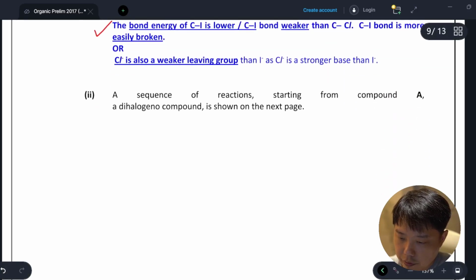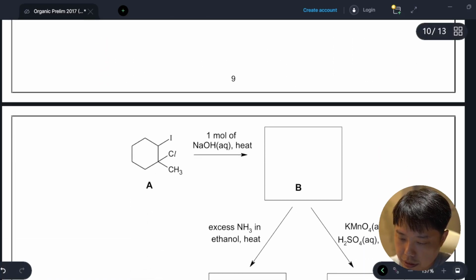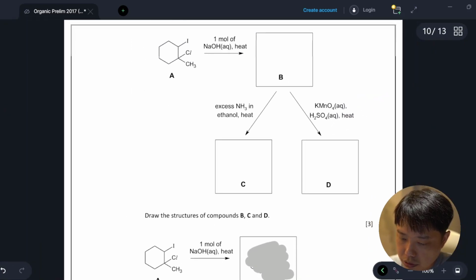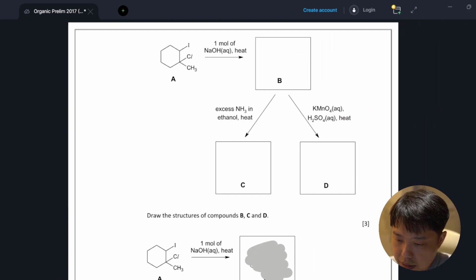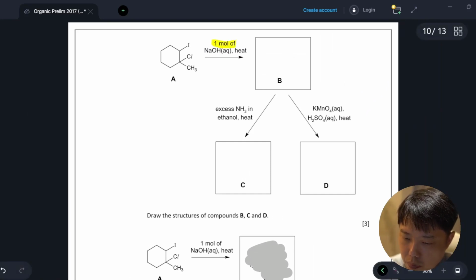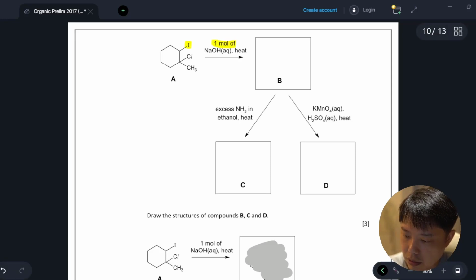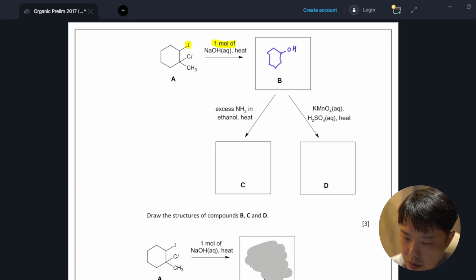Okay, sequence of events starting from compound A, a dihalogenoalkane, is shown on the next page. So you have this reaction scheme. They want you to draw the structures of B, C, and D. So if you heat it with 1 mole of NaOH, right, you are going to get iodine substituted to get compound B, which is basically this compound here.